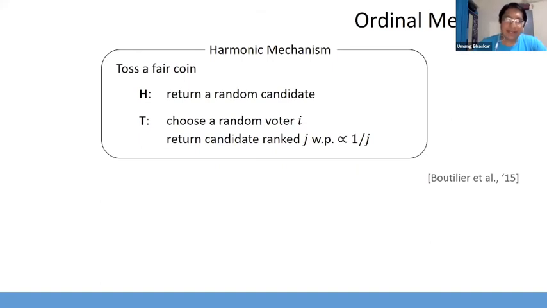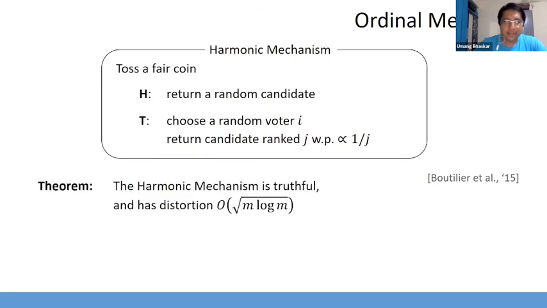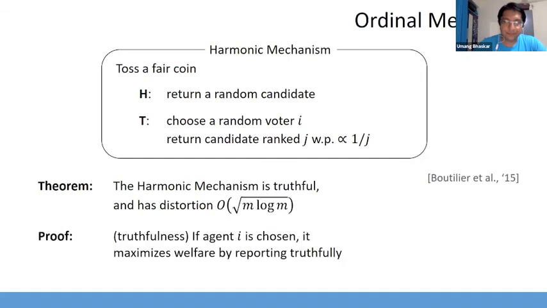And the slight variation is that in the earlier mechanism, instead of picking a voter i and looking at its ranking of candidates, it looked at some aggregate ranking and did something similar, but that was not truthful. This you can show is truthful and gets the required bound as well. It's not hard to show that it's truthful. If you think about it for 2 minutes, you should get it.